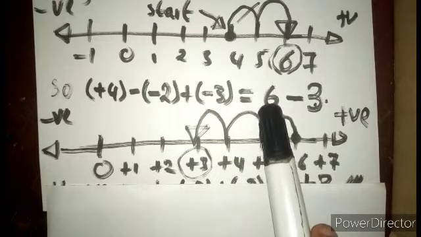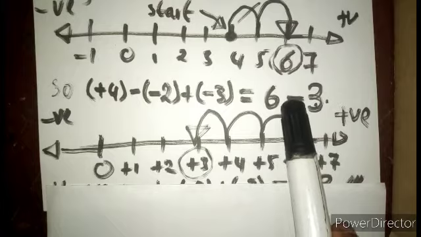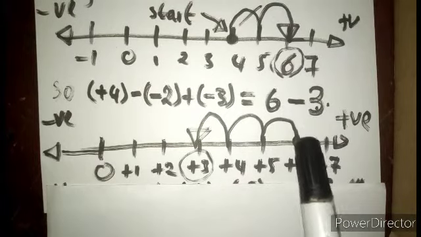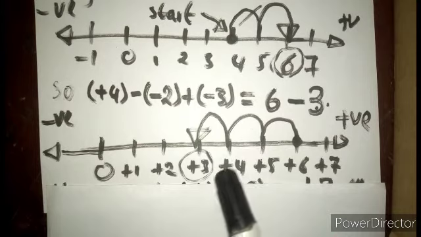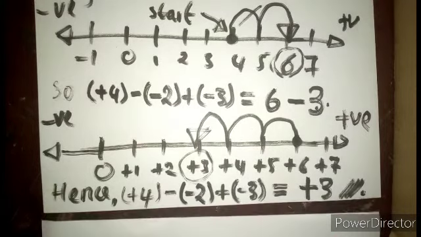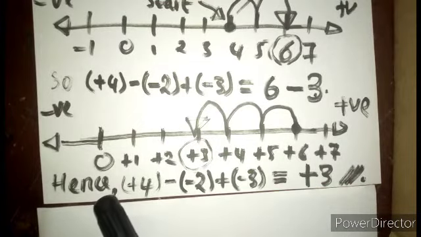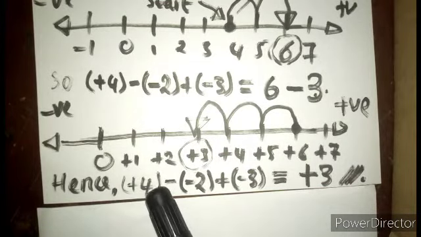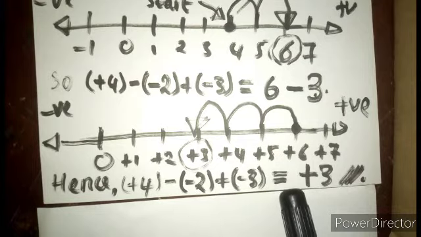So we are starting at positive 6, which is here, and moving to the negative direction 3 times. So from here we have 1, 2, 3, giving us what? Positive 3, I mean. Hence you see that the solution of positive 4 minus 2 plus minus 3 is positive 3.